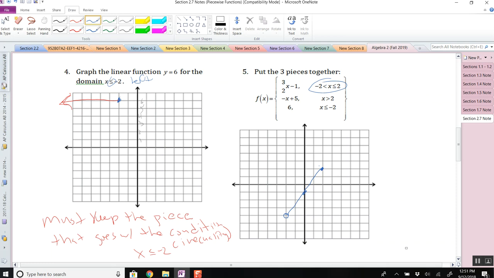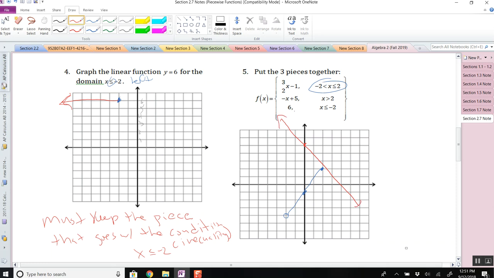Now -x plus 5, if I graph that line, y-intercept of 5. Let's do a different color. 1, 2, 3, 4, 5. And slope of -1. Now, be careful here.